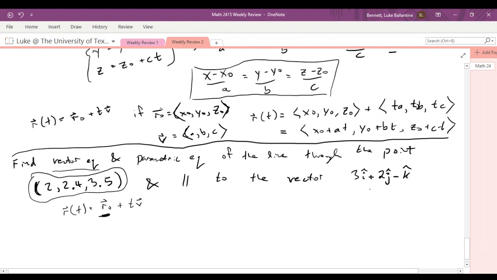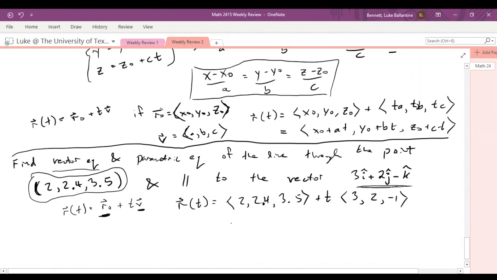Parallel to the vector 3i plus 2j minus k just means that this can be our slope vector, v. So writing the answer, just straight up, we have 2, 2.4, 3.5, plus t times 3, 2, negative 1.